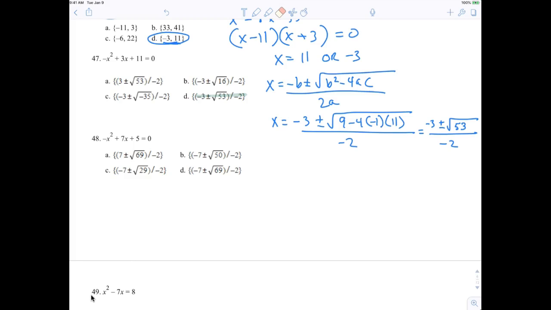All right, now let's take care of 48. So x equals negative b plus or minus the square root of b squared minus 4ac. Be careful, negative 1 times 5, all over negative 2.